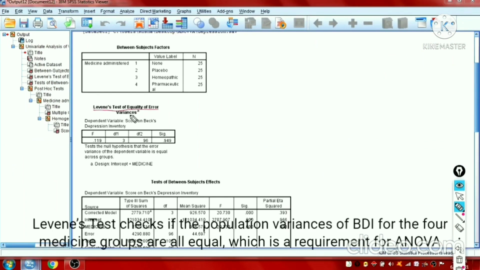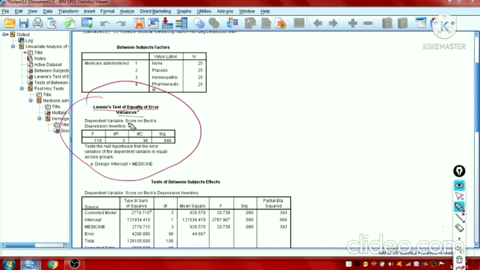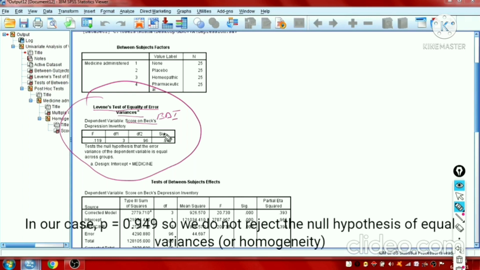Levene's test checks if the population variances of BDI for the 4 medicine groups are equal, which is a requirement for ANOVA. Dependent variable, Beck's Depression Inventory score, BDI score. Here the p-value is 0.949, so we do not reject the null hypothesis of equal variances or homogeneity.